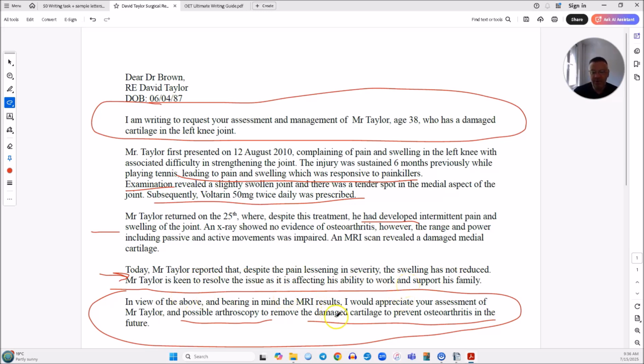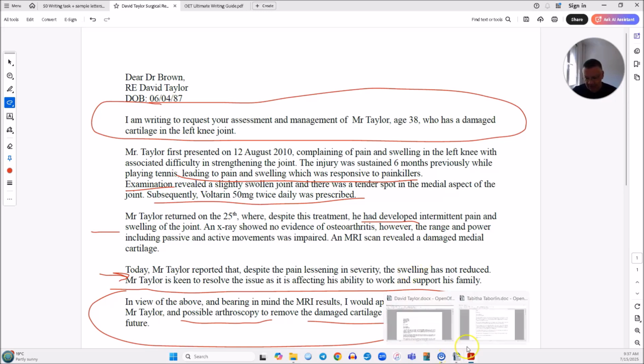In view of the above, I appreciate your assessment of Mr. Taylor. So you can see this structure is pretty clear, pretty straightforward stuff. You've got your purpose top and bottom, 3 visits in chronology, and within the paragraph the organisation: what the patient says, what you find, what action you take. And that's it.